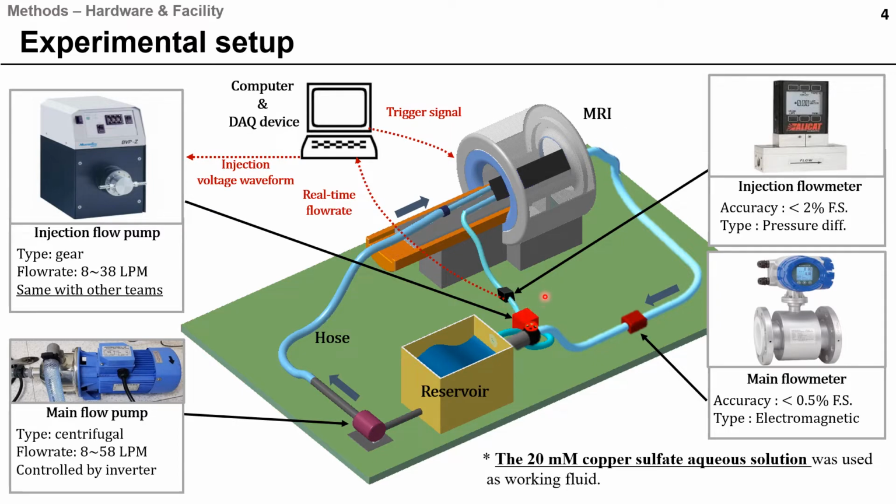And also we use the pressure differential type as our injection flow meters, and the electromagnetic type as our main flow meters. And lastly, we use a 20 millimolar copper sulfate aqueous solution as our working fluid. And this whole experimental system is controlled by DAQ devices to make a perfect periodic flow.